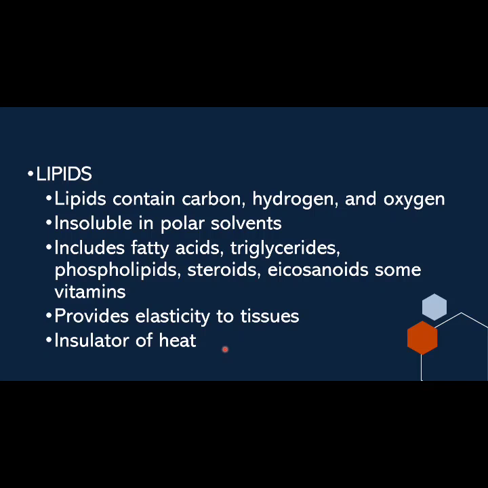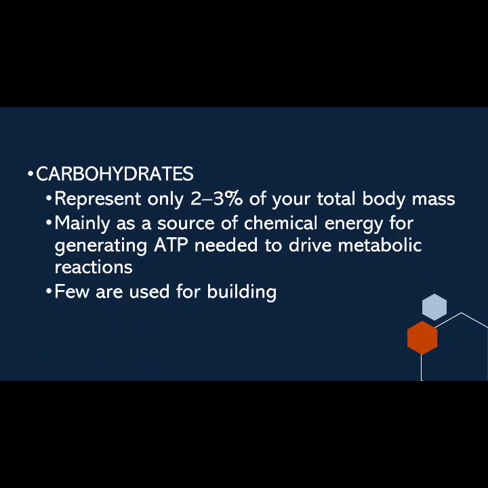And then your carbohydrates represent, accordingly, only 2 to 3% of your total body mass. But this is your main, or primary, source of energy. Examples of carbohydrates are sugars, glycogen, starch, and cellulose.